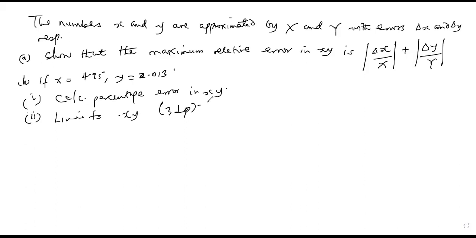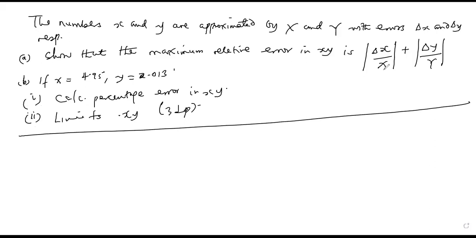Proving is okay because that first part of showing is okay. The fact that we have already seen the propagation in the multiplication. So if we let a small z be xy, it would mean that our capital Z would be XY. Then our small x would be capital X plus delta x, because they gave us the errors also.